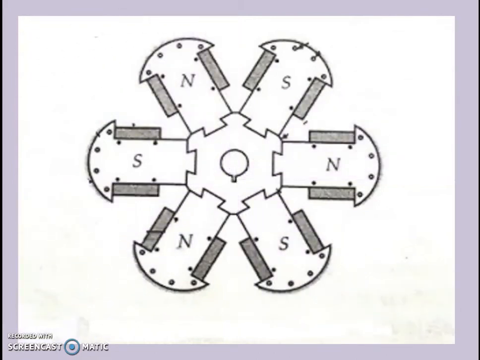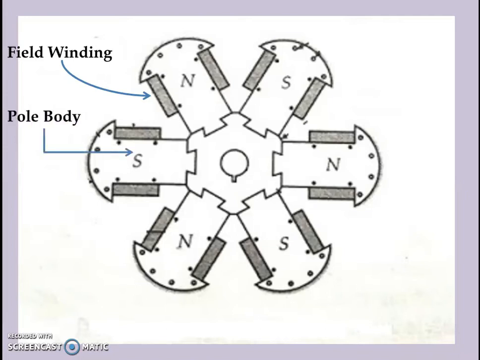We have studied the construction of salient pole type of rotor in previous lectures, but let us revise, so it will be easier for us to know what exactly we are going to design. So this is the field winding. Field winding is wound across the radial length of the projected part of the salient pole. Then this is the pole body, the main part of the pole. Then we have a pole face, or rather we call it a pole shoe.